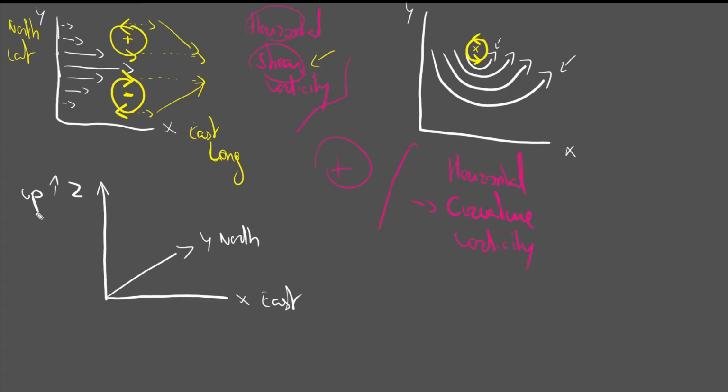Now, say for example, you have vorticity. There's some curvature vorticity here. There's some shear vorticity. They both add up to some type of vorticity like this in a cyclonic sense, right? Positive vorticity. Now, the axis around which vorticity happens is what meteorologists call the vorticity vector. The vorticity vector can be written like this.